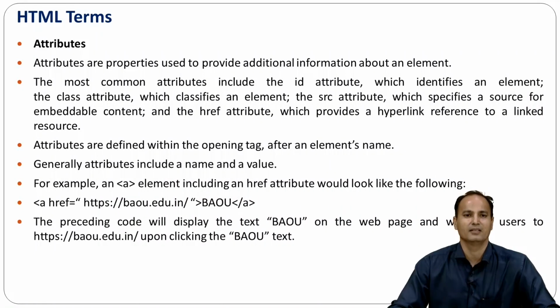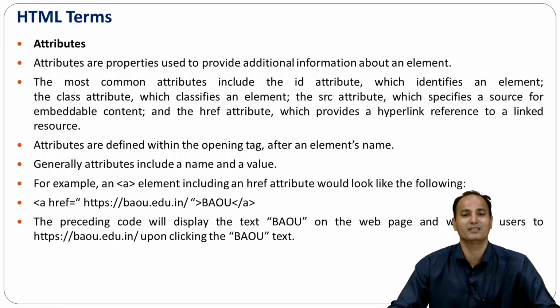The most common attributes include the ID attribute, which defines an element, the class attribute, which classifies the element, the source attribute, which specifies the source for the embedded content, and the href attribute, which provides a hyperlink reference to a linked resource.